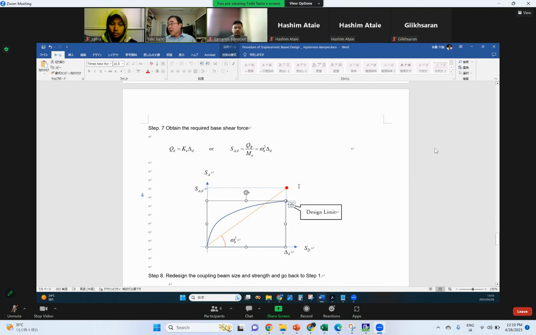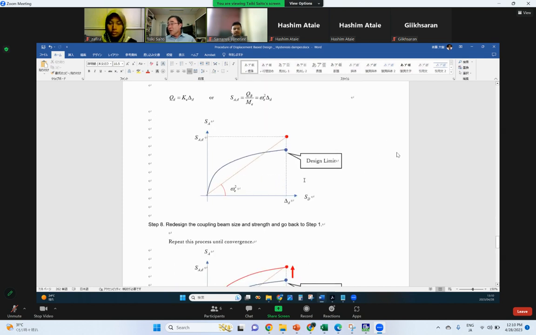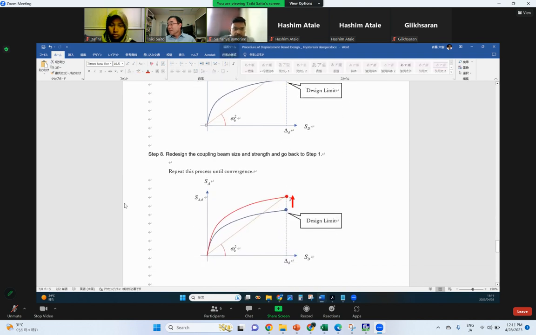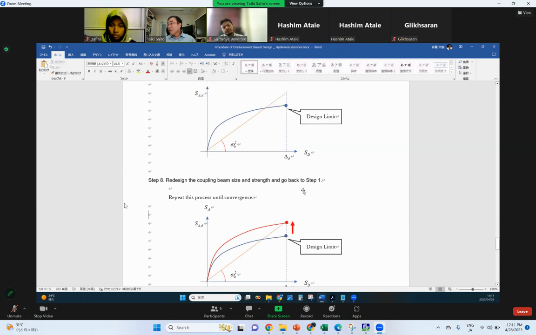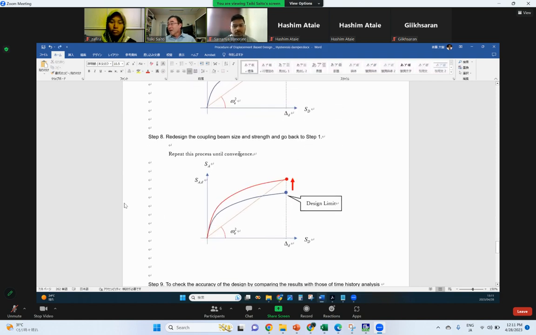So we know this shear force is larger than the shear force of pushover. So it means we must reduce the coupling beam size so that we can reduce the shear force of this estimation. So we reduce from red to, no. We change this blue one to be closer to this response. So if we reduce coupling, really?